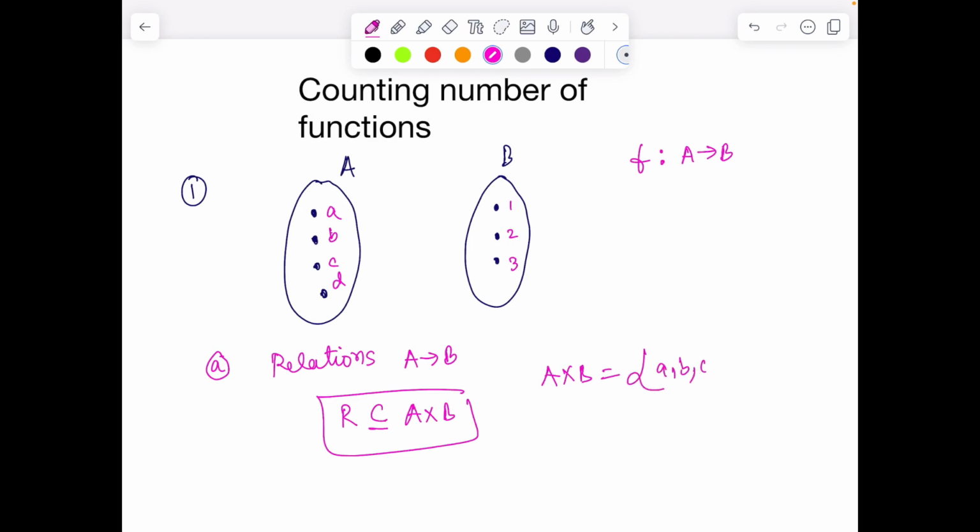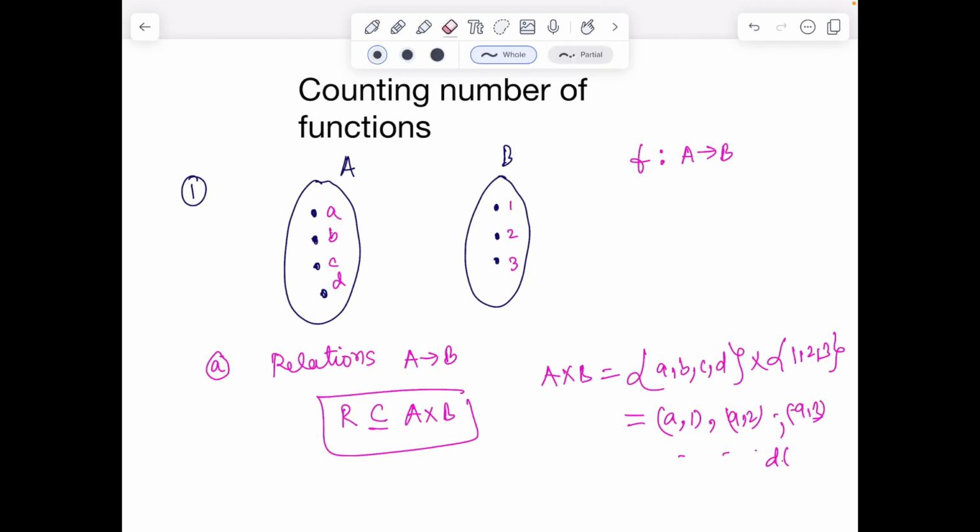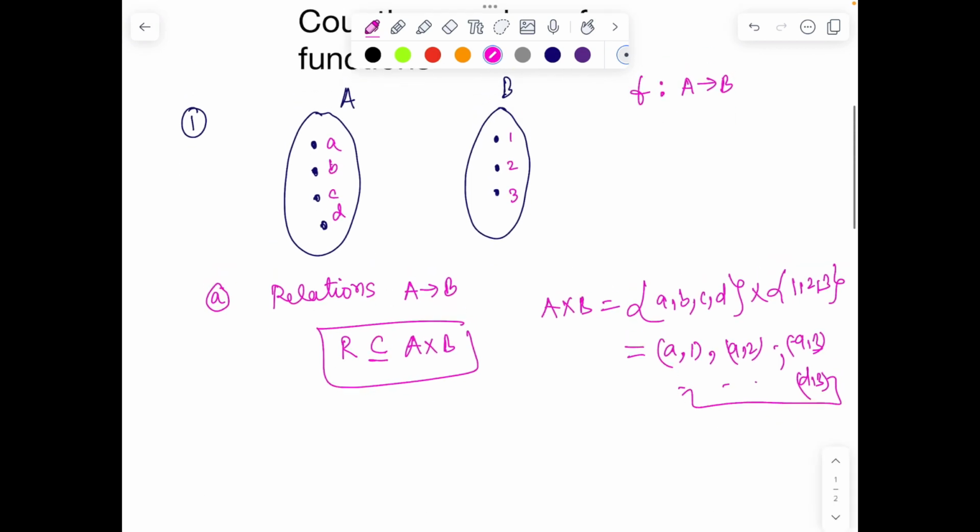Right. So the Cartesian product A cross B, which is basically A, B, C, D cross 1, 2, 3, will have totally 12 elements. Those elements themselves will be ordered pairs: A, 1; A, 2; A, 3, and so forth, D, 1; D, 2; D, 3. Okay, so these 12 elements.